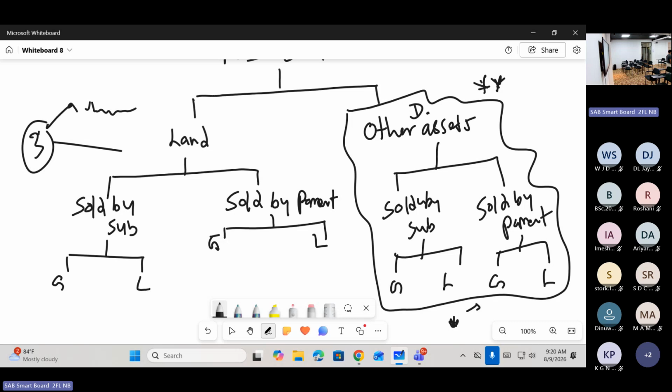With the reversal entry, in between the subsidiary's retained earnings and the parent's retained earnings.